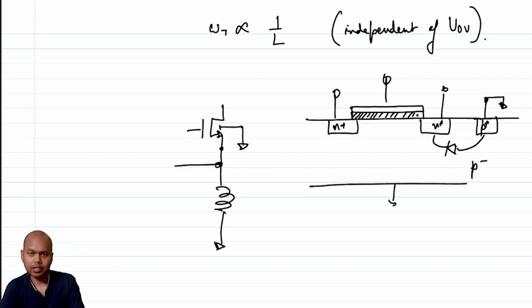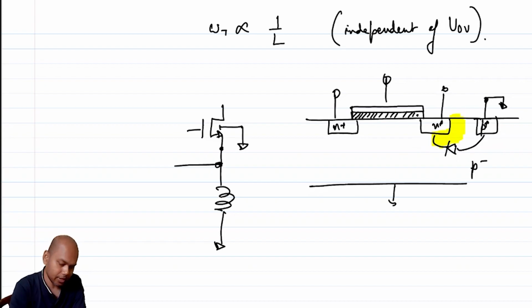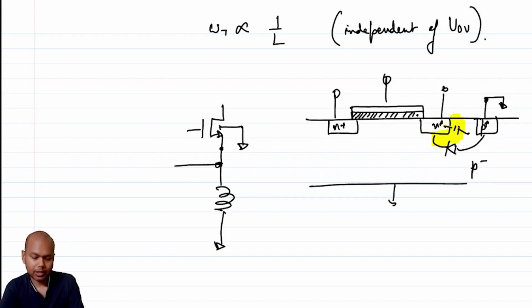In a reverse biased PN junction diode, you have a depletion region. If I do not disturb the channel, I know that there is a depletion region here. If there is a depletion region, which means I have a depletion capacitance between the drain and the body, or the source and the body.